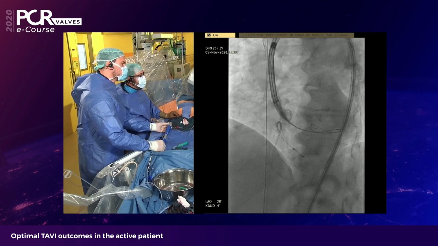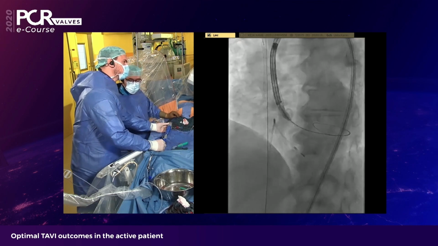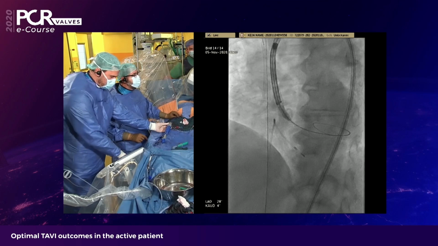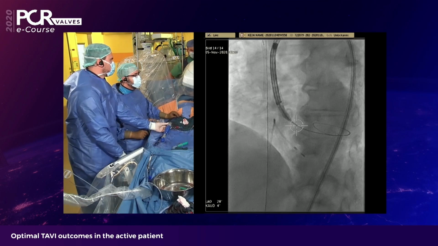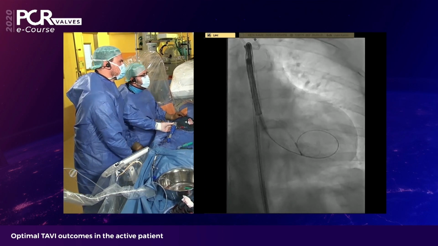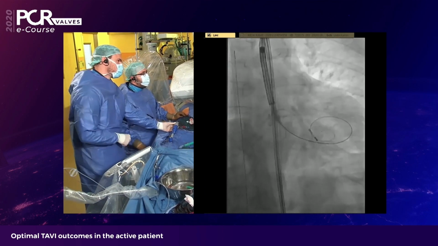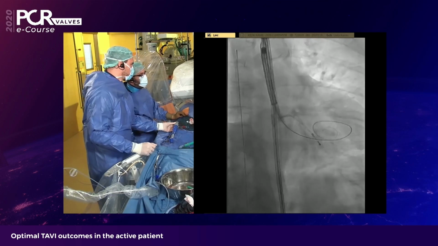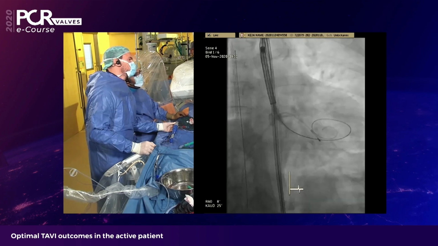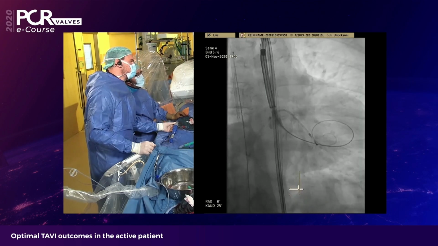Exactly. Okay. What we do here in this case, we then switch to the cusp overlap view, to the non-coronary side view. And you can see here, this is very nicely demonstrated. In this case, I'll take a picture of that. And you can see here that in this view, the hat marker is located center front.